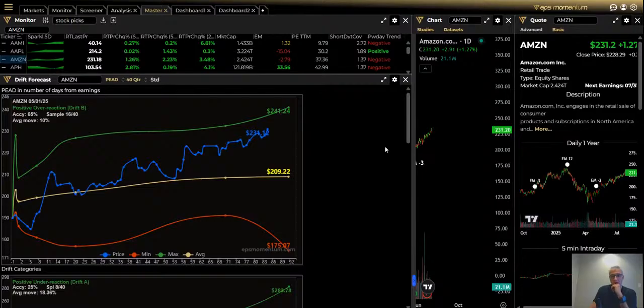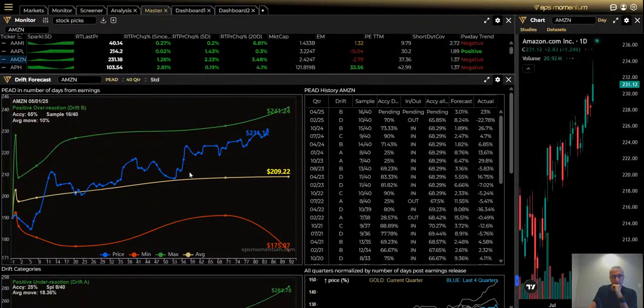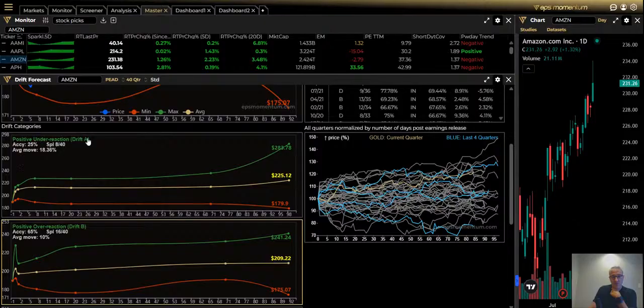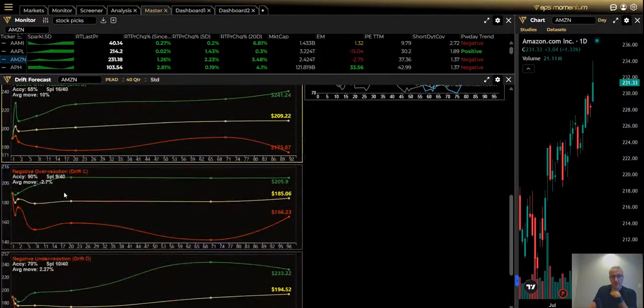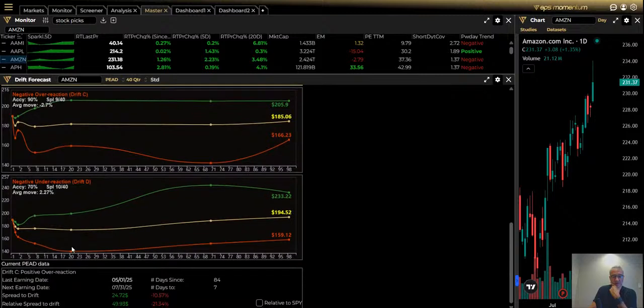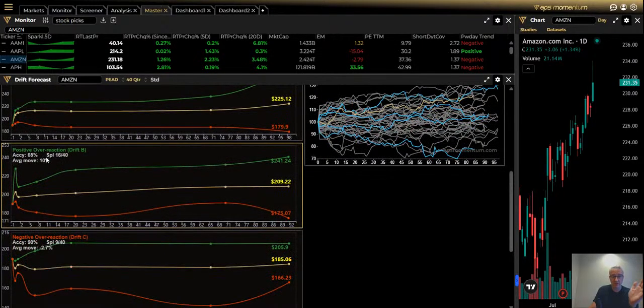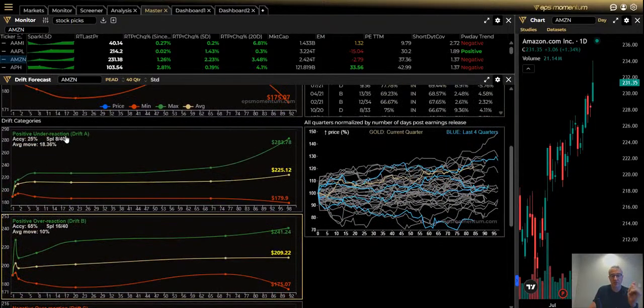And what it means is it takes the first 24 hours of trading after earnings and buckets them into drift A, B, C, or D, and gives you an idea of which bucket it is. So one is negative underreaction, the other one is negative overreaction, the other one is positive overreaction and positive underreaction.